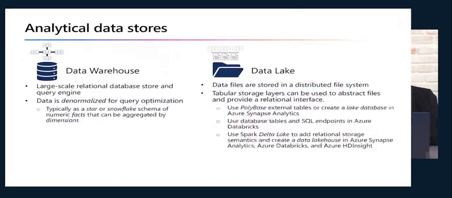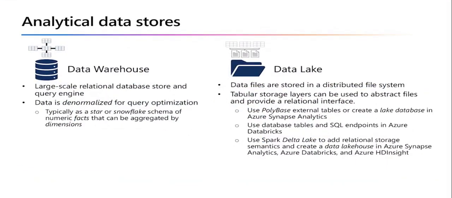Moving on, as we previously discussed, there are three common ways to implement an analytical data store: a data warehouse, a data lake, or a hybrid solution. A data warehouse is a relational database in which the data is stored in a schema that is optimized for data analytics rather than transactional workloads.